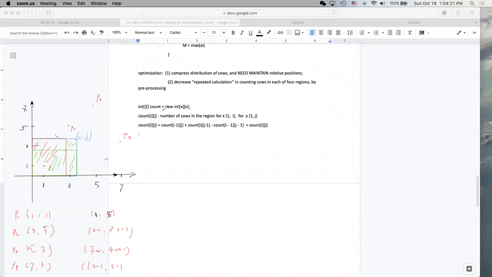Given that, we need to cut down the footprint so that we have a smaller footprint of the farm. The second is, instead of starting over every time to count the cows in all four regions, we're going to use improved preprocessing. We're going to trade off space to record the answers from previous rounds so they can be used for the current round. Okay, so people can follow our coding process.